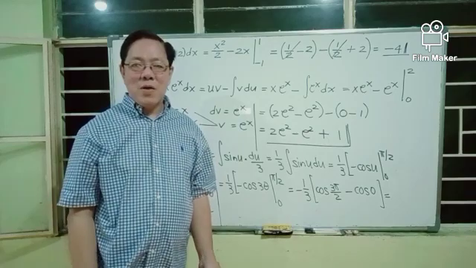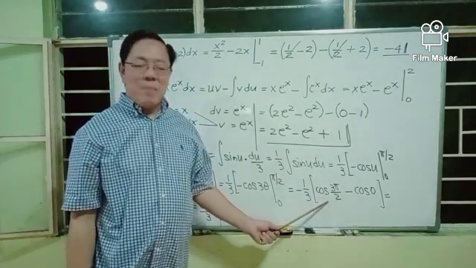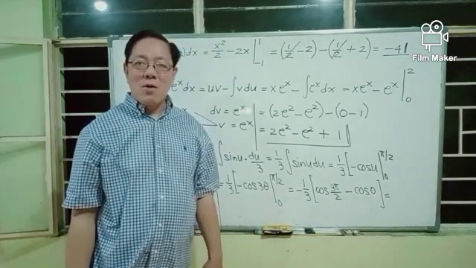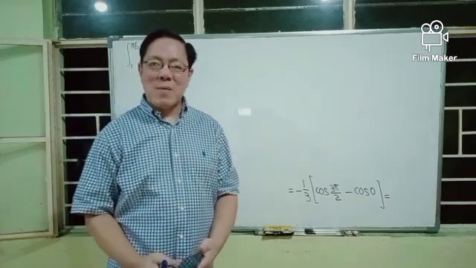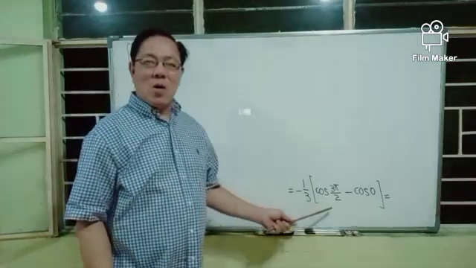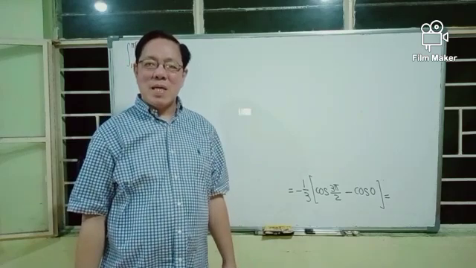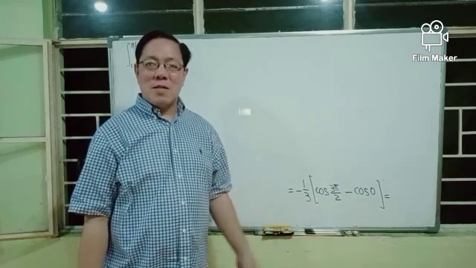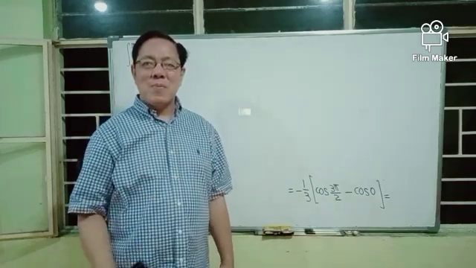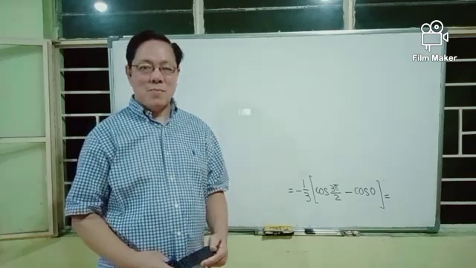So put the mode of your calculator in radians when you evaluate cosine of 3 pi over 2 and cosine of 0.